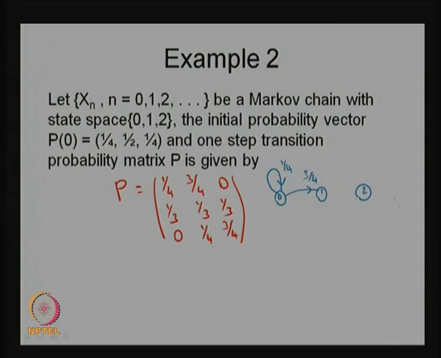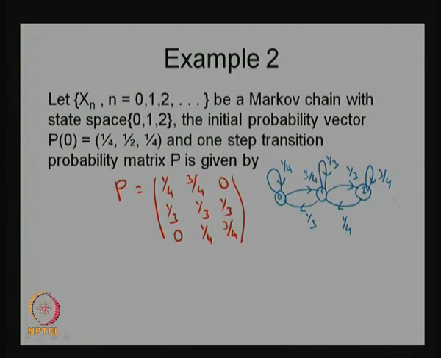From 1, the one step transition probabilities are 1/3 each. From the state 2, 2 to 0 is 0, 2 to 1 is 1/4, and 2 to 2 is 3/4. This diagram is very important to study the further properties of the states. So, this is the one step transition probability matrix, and this is the state transition diagram.